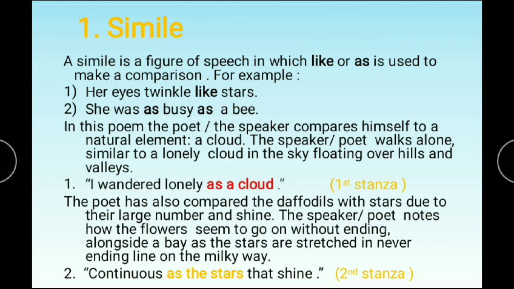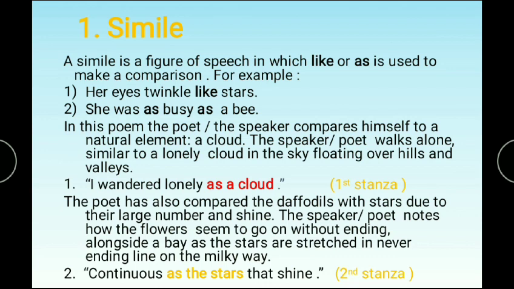In this poem, the poet or the speaker compares himself to a natural element, that is a cloud. If you remember, in the very first stanza, the poet compares himself with a cloud. And why does the poet compare himself with a cloud?